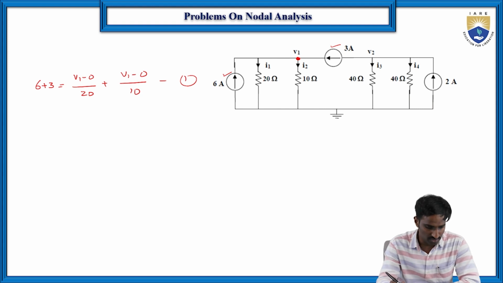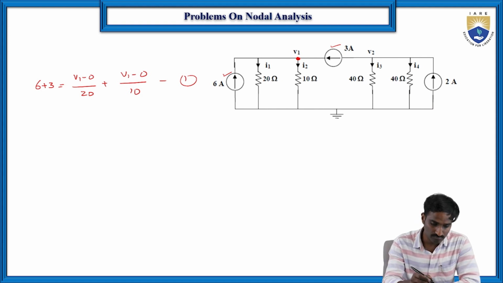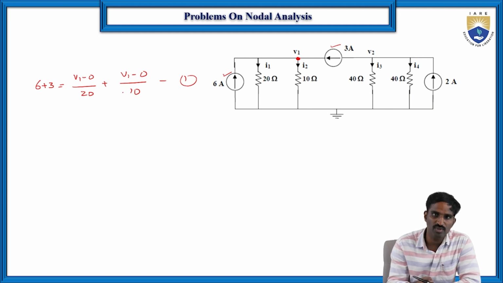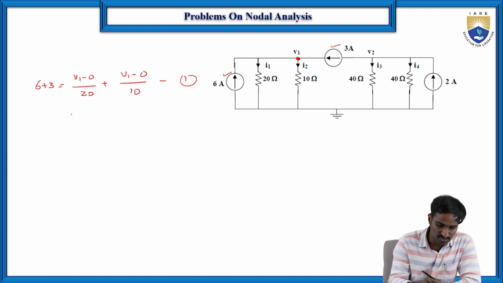All are V1s only, so we can simply simplify this, and if you simplify this you will get V1 equal to 60 volts.